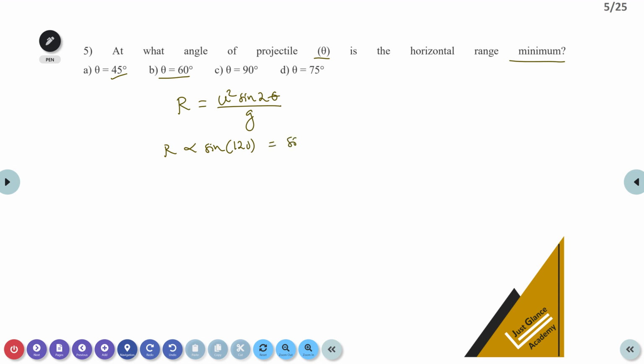This is equal to sin of 90 plus 30, which becomes cos 30, equal to root 3 by 2. For this, you check it: it becomes sin of 180. What is sin of 180? Sin of 180 equals 0.